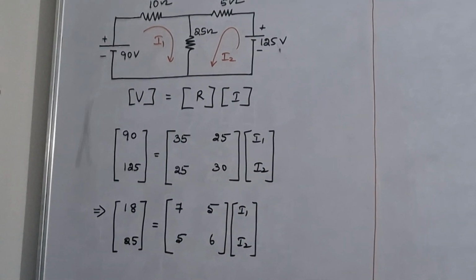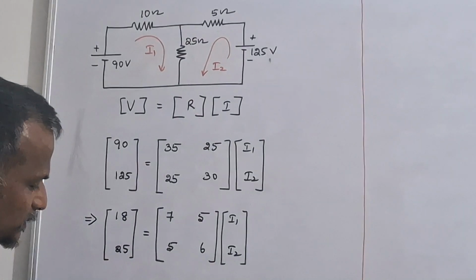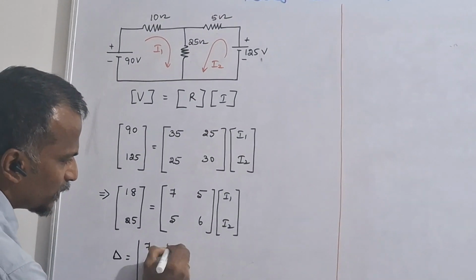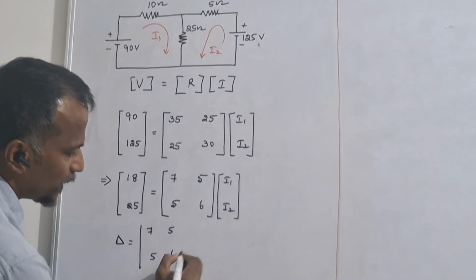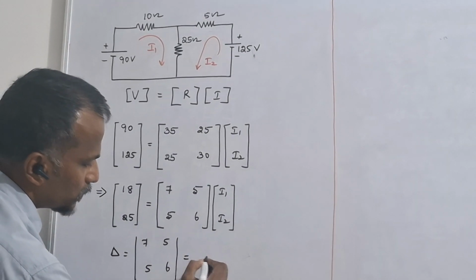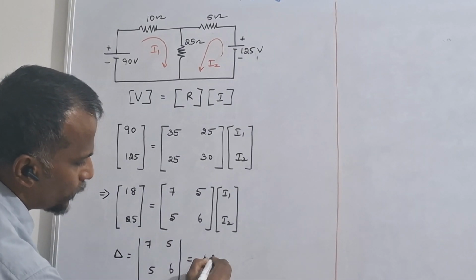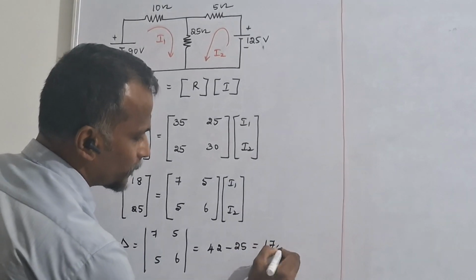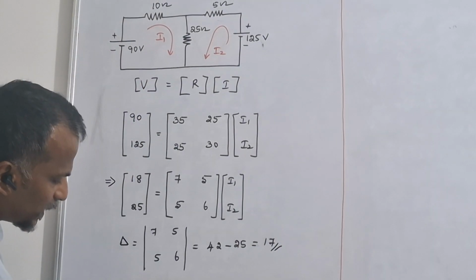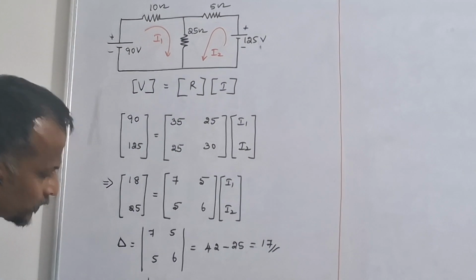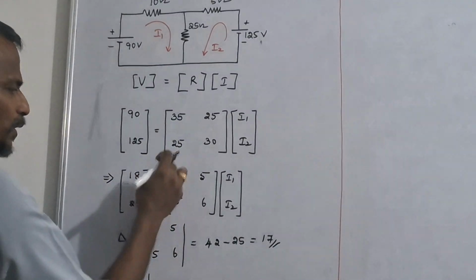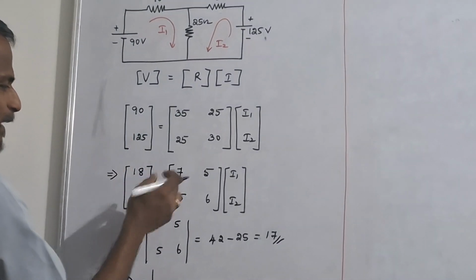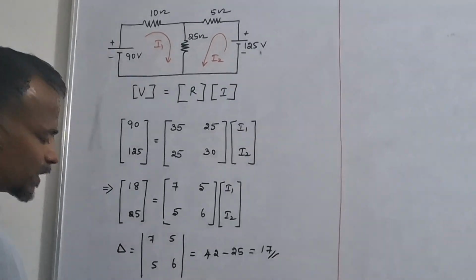Then delta is nothing but the determinant of 7, 5, 5, 6. So 42 minus 25, we will get 17. Similarly, delta 1 is obtained by replacing the first column with the voltage matrix.